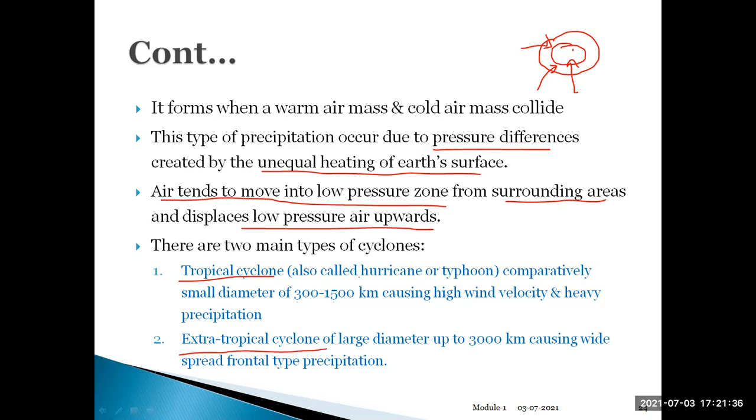A tropical cyclone, also called a hurricane or typhoon, has a size of about 300 to 500 kilometers, which causes high wind velocity and very high precipitation. This type of cyclone has a comparatively smaller diameter, whereas an extratropical cyclone has a larger diameter up to 3000 kilometers, which causes a wider spread of frontal type precipitation.